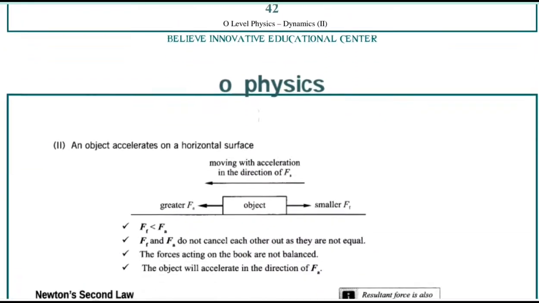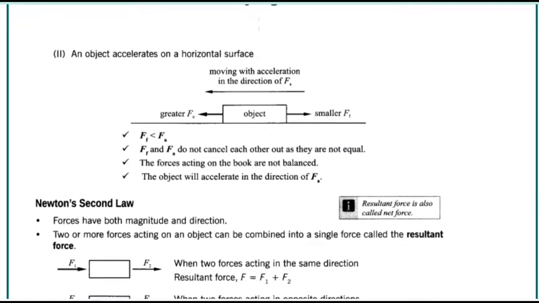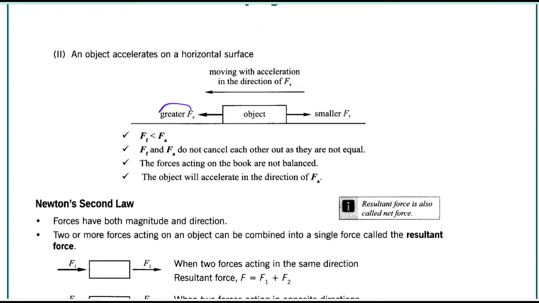And then the second example is of an object that accelerates on a horizontal surface. So we have this side experiencing a greater force than this side, so we have a resultant going this side, and that resultant will result in an acceleration, or a change in speed or velocity.